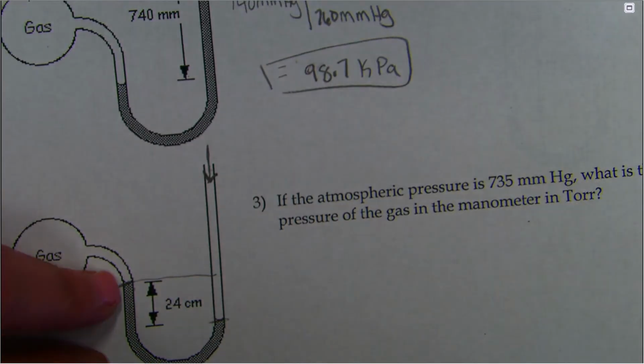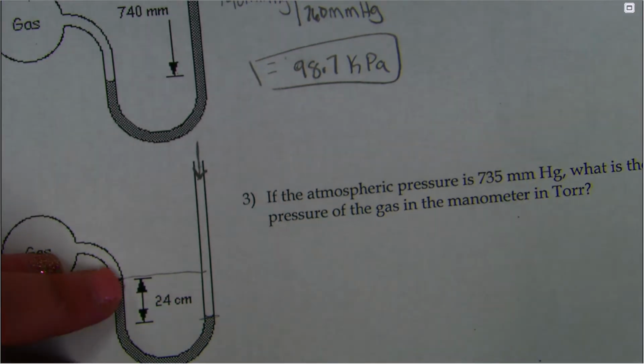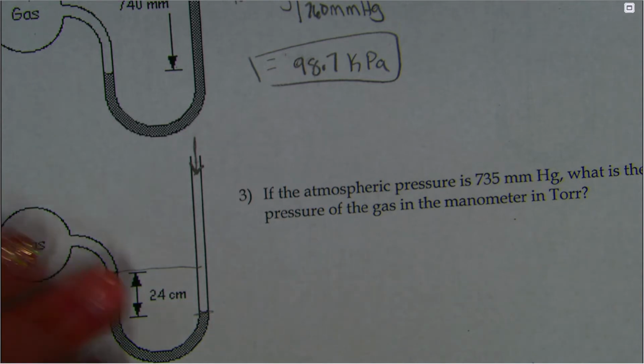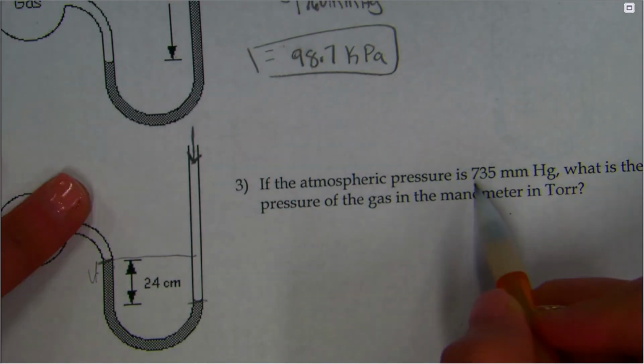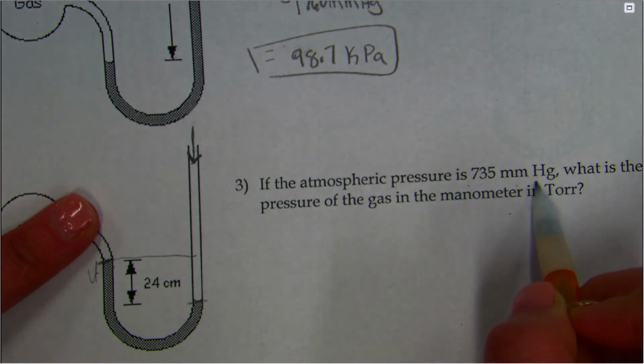So let me start over. So what is bigger, the gas or the atmosphere? The atmosphere is larger. Okay, so my atmospheric pressure is 735 millimeters of mercury.